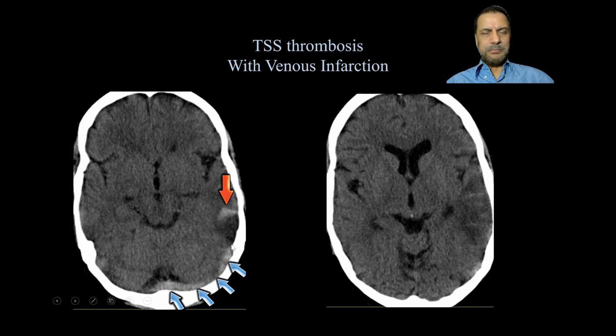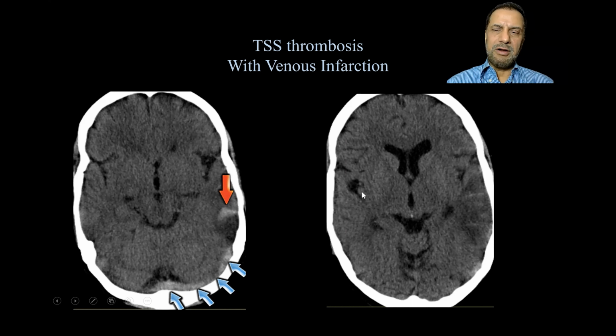The thrombosed vessel looks white, like the dense artery sign that I just showed. So here you can see that the transverse sinus is thrombosed, and there are some changes in the temporal lobe, which is called a venous infarction, because the venous drainage is not proper. There's a local increase in the ICP, and then there's an infarction there.